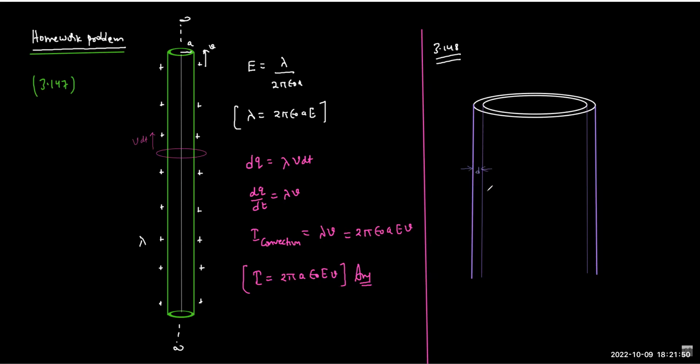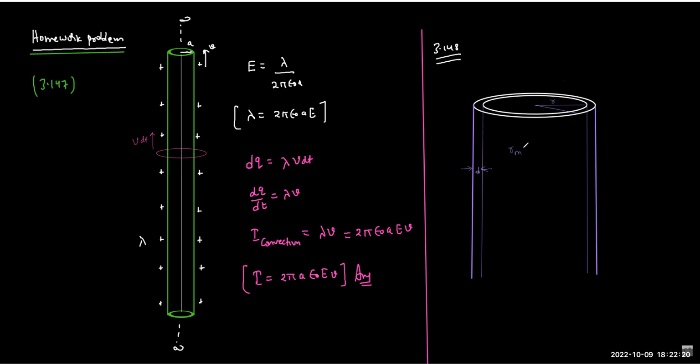First of all, you need to understand the diagram. What is the meaning of mean radius? The inner surface will have one radius and the outer will have slightly more, because it's only d away, right? And d is very small compared to r. That's why they have given the mean radius, which is the arithmetic mean. So you can take the mean radius as r for both surfaces.